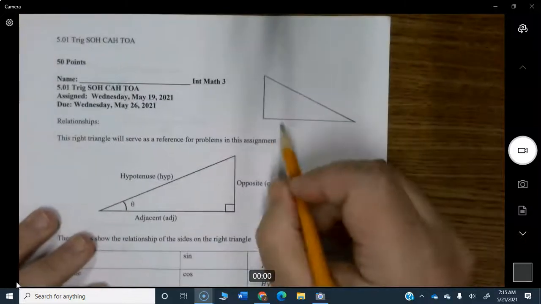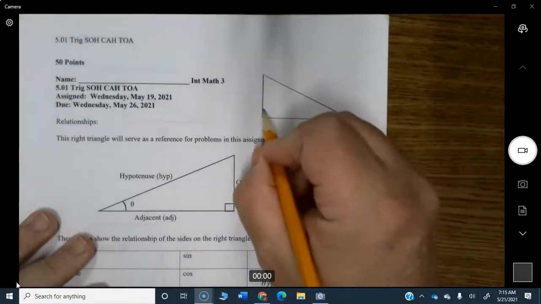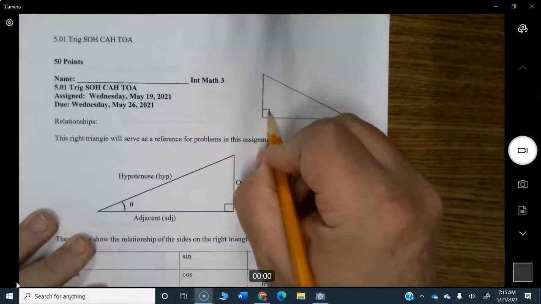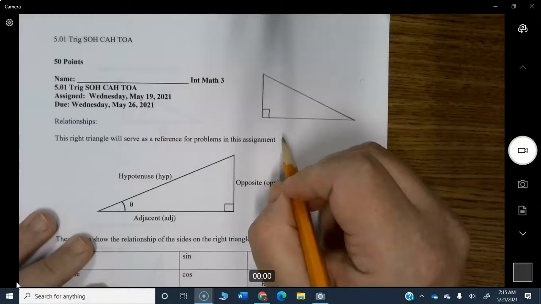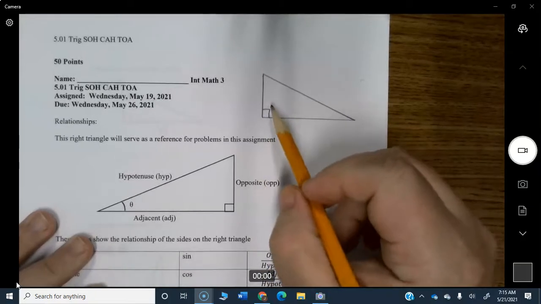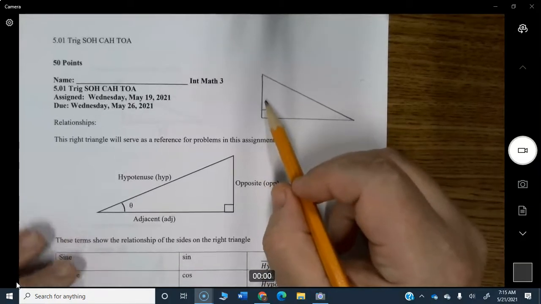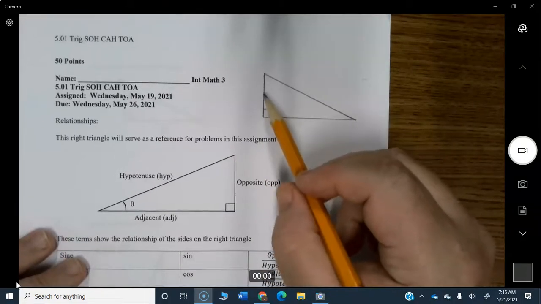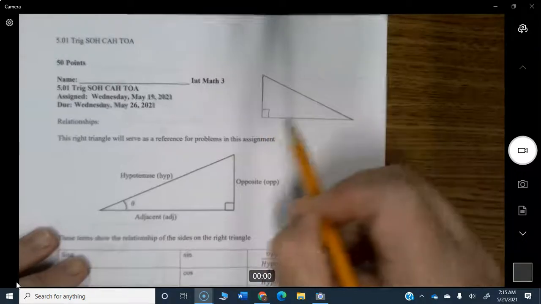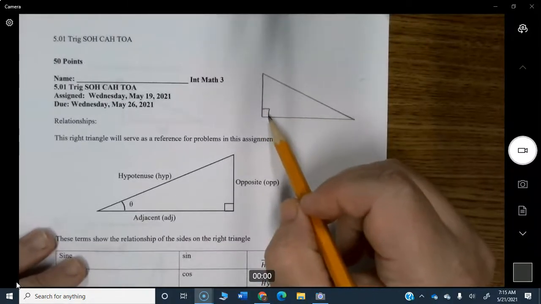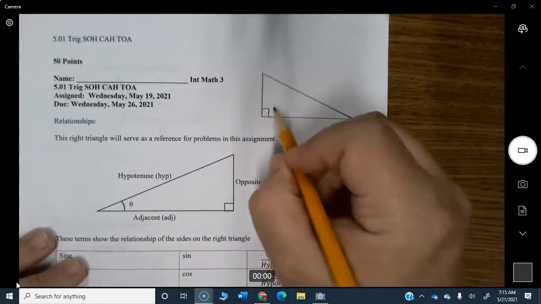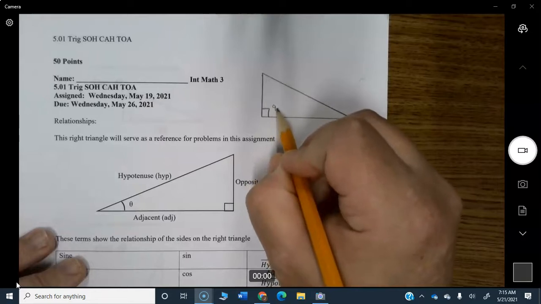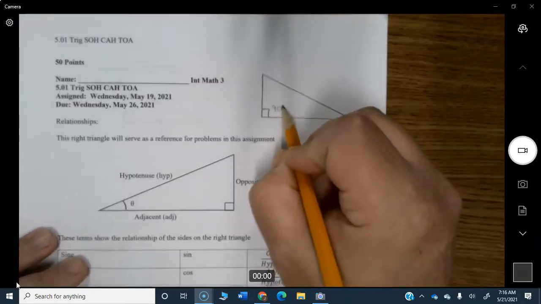Specifically, this is a right triangle, meaning this is a 90-degree angle, and you usually represent that by a little box there. A 90-degree angle is the angle that you have in the room that you're sitting in, between the wall and the floor. It's called a right angle sometimes, and it's 90 degrees, so we can write that. You don't usually write the number, but we'll go ahead and do that.